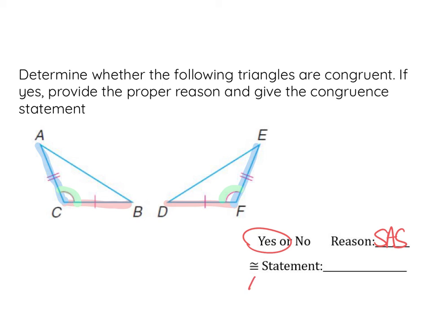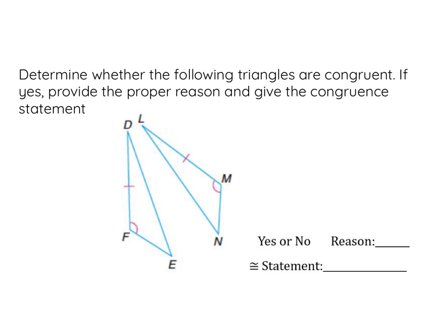So if I say triangle ABC, remember, I have to make it match. So if I say A to B to C, that means this one would have to be EDF. Right? Because again, C and F match, they're in the same place. CB and DF match, they're in the same place. And AC and EF match, and they're in the same place in my congruence statement.